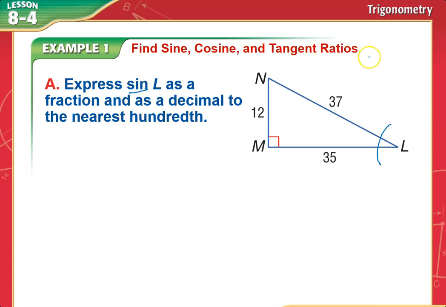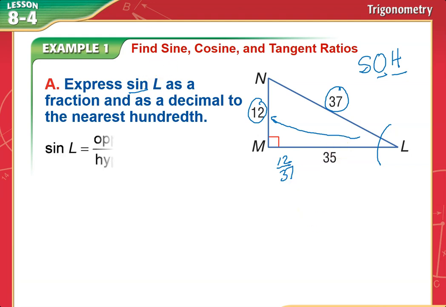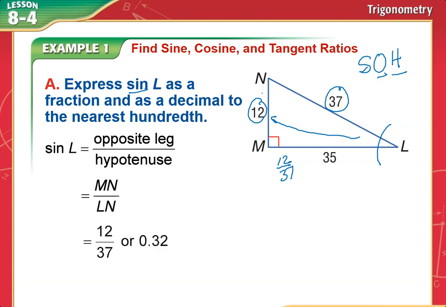Remember, sine is SOH, opposite over hypotenuse. The opposite side is 12. The hypotenuse is 37. So in fraction form, it's 12 divided by 37, and then you can use your calculator to divide that. As a decimal, 12 divided by 37 is approximately 0.32.